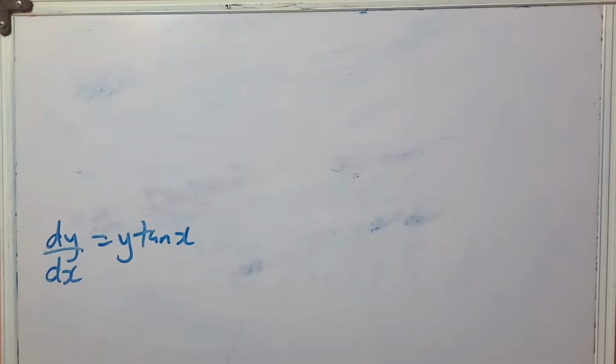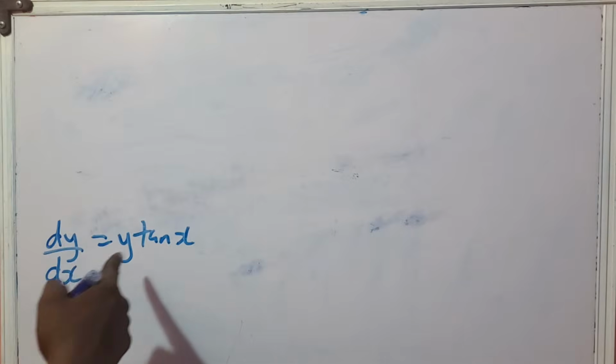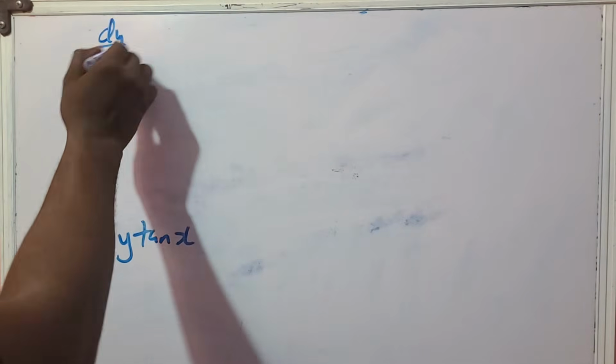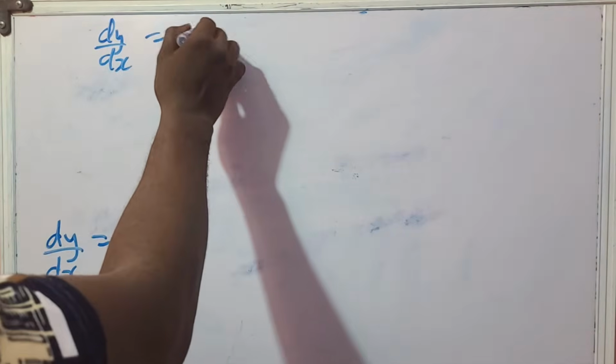All right. Just to be very fast, when you want to solve this, what you need to do initially is to rearrange this. You have dy over dx equals y tan x.